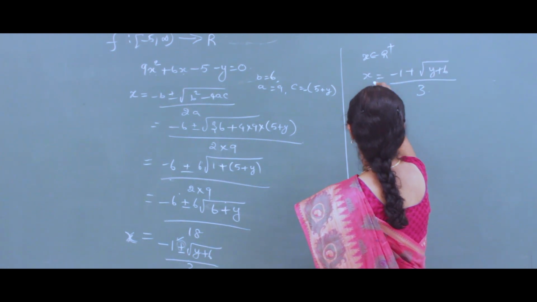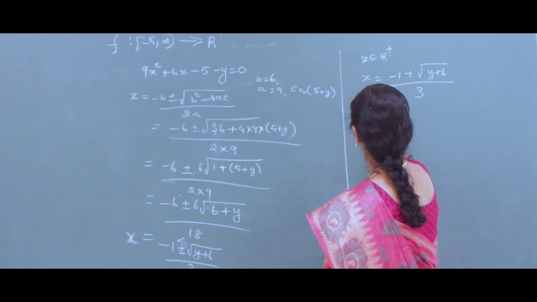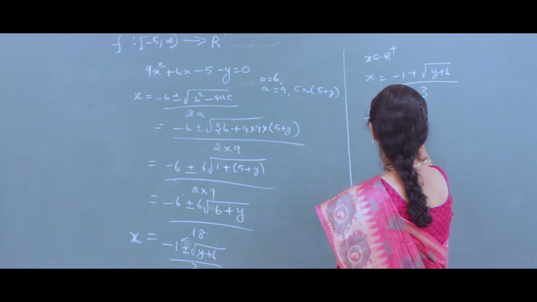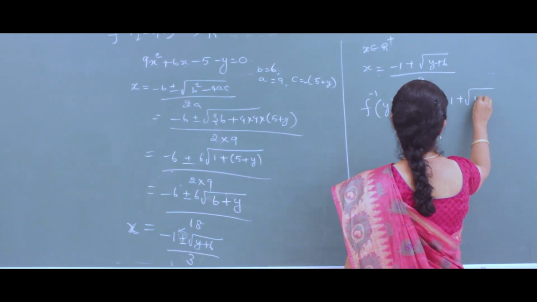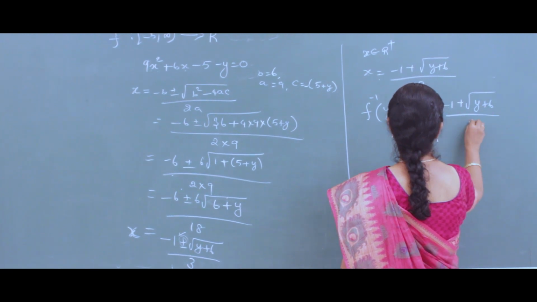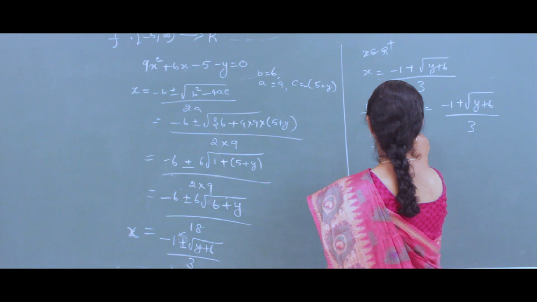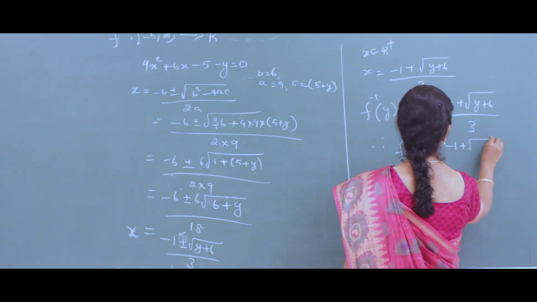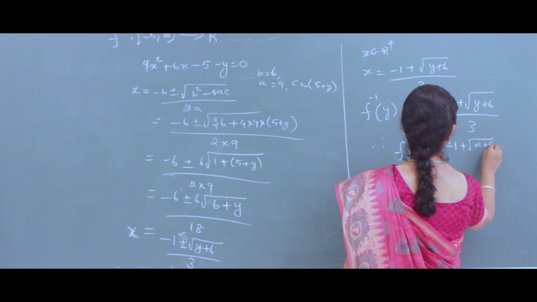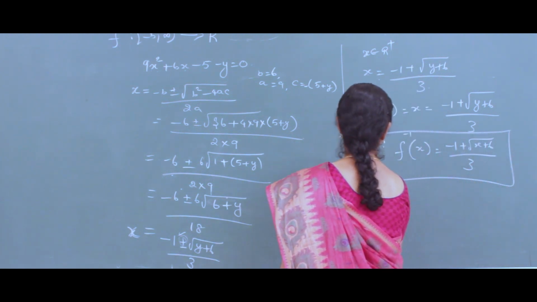So this is your x value in terms of y. So f inverse of y is equal to minus 1 plus square root of y plus 6, by 3. Therefore finally the inverse f inverse of x is equal to minus 1 plus square root of x plus 6, by 3. This is your inverse function.